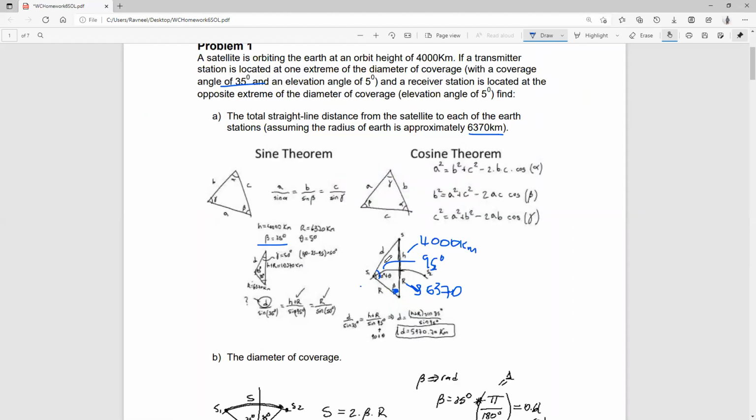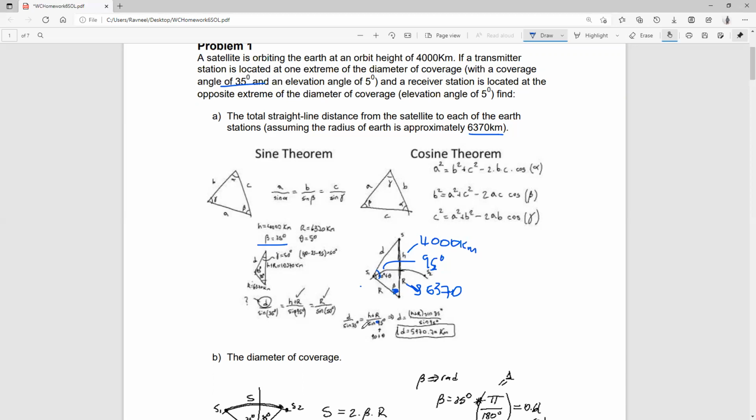That is equal to h plus r upon the sine of the opposite angle. The angle opposite to this side is 5 degrees plus 90, so 95 degrees. So h plus r upon sine 95 degrees.